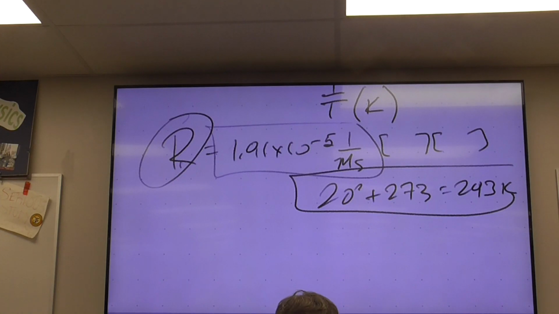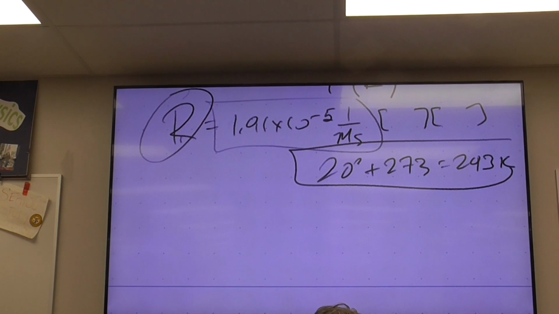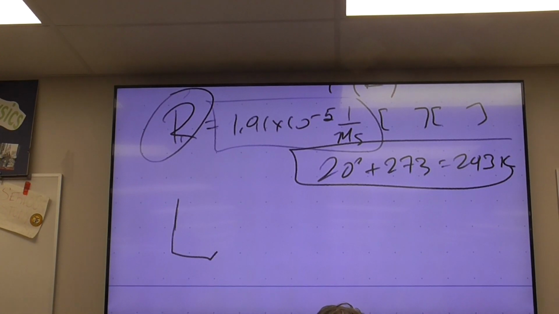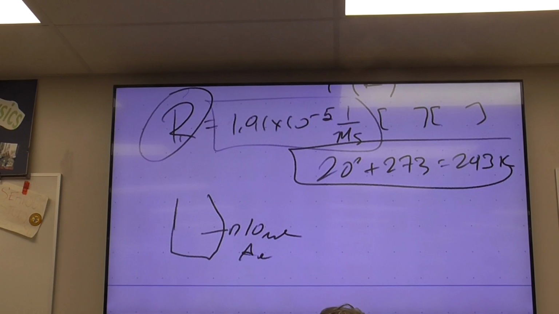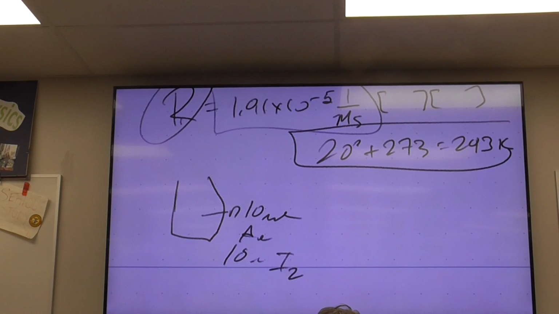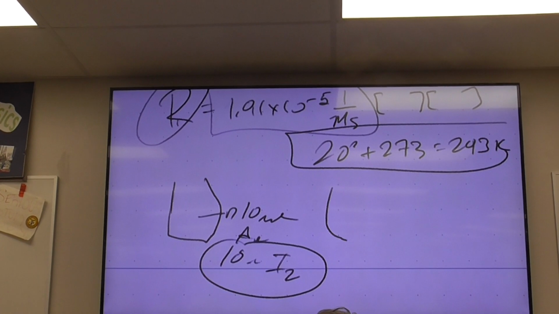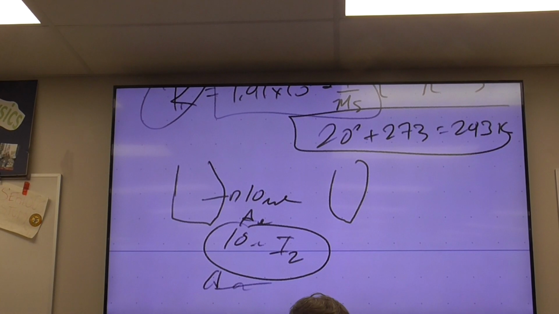If you pick reaction 3, you're going to have the 10 milliliters of your acetone. You're going to have the 10 milliliters of your I2 in a separate test tube, and then you're going to have your hydrochloric acid and your water.